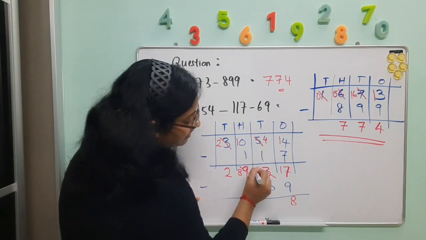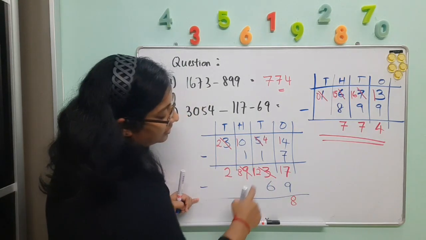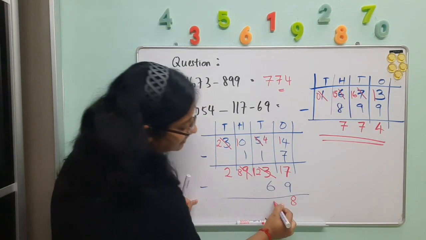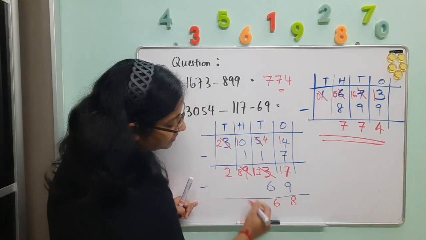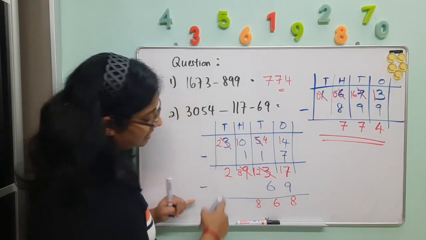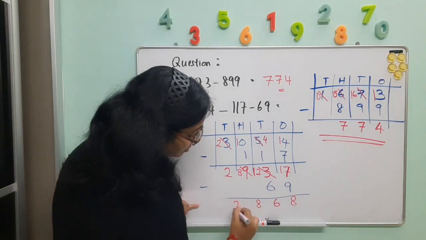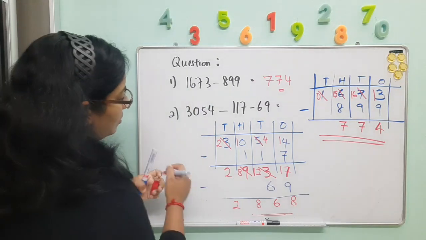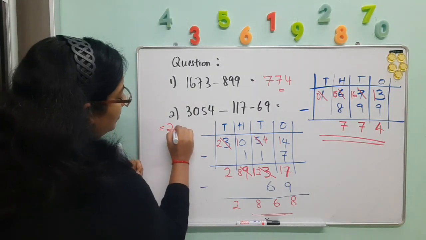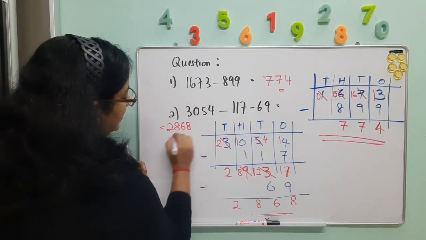It becomes 8 and this becomes 12. So 12 minus 6 is 6. 8 minus empty or 0 is 8 and 2 minus 0 is 2. Okay, therefore the answer for this question is 2868.